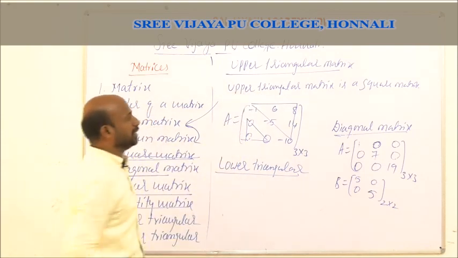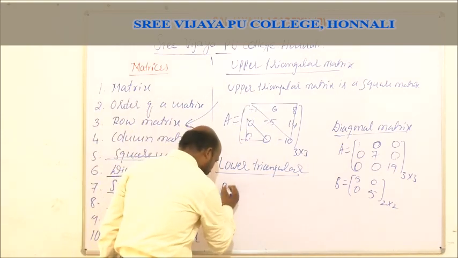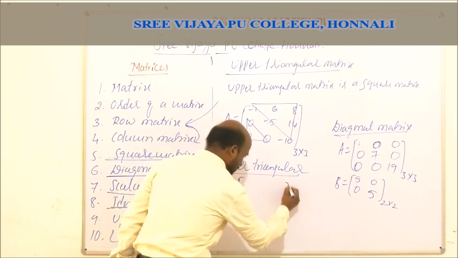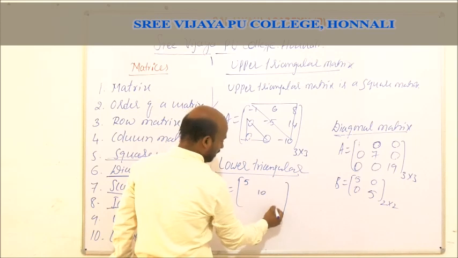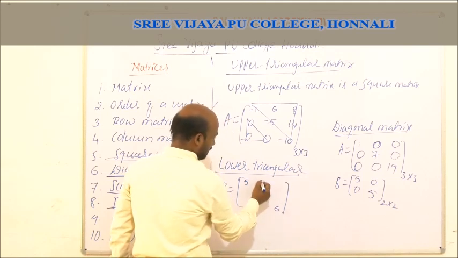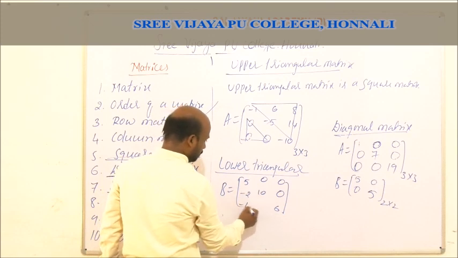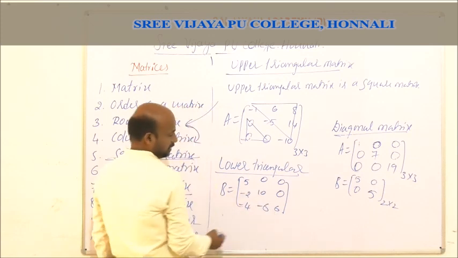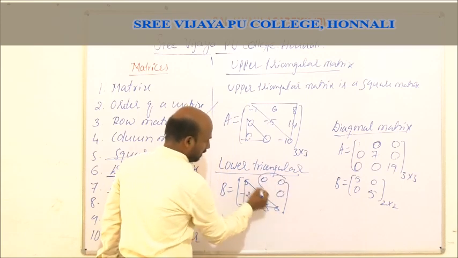Again, lower triangular matrix is again a square matrix in which the elements above the principal diagonal elements are zeros, and this is 5, 10, and this is 6, 0, 0, 0, and this is minus 2, minus 4, minus 6. See here, these elements are zeros.